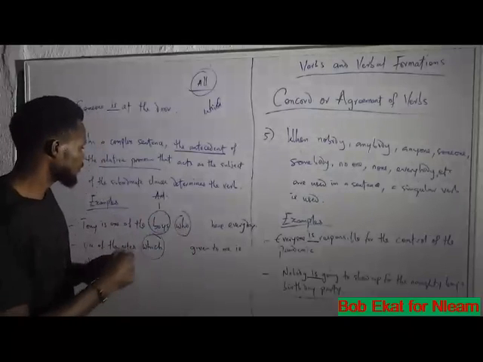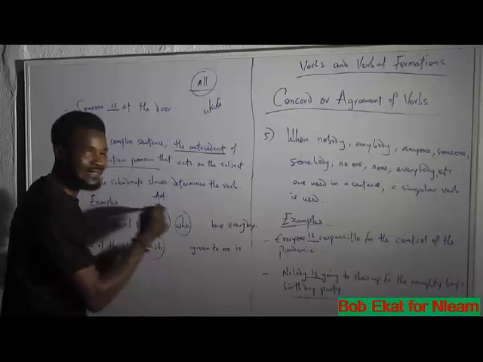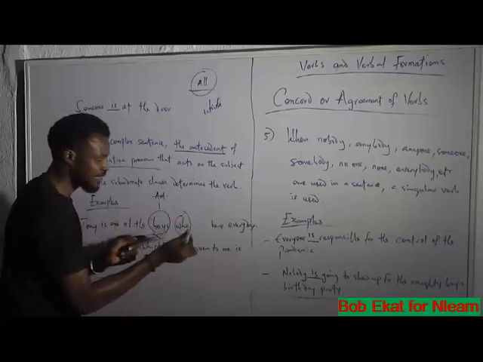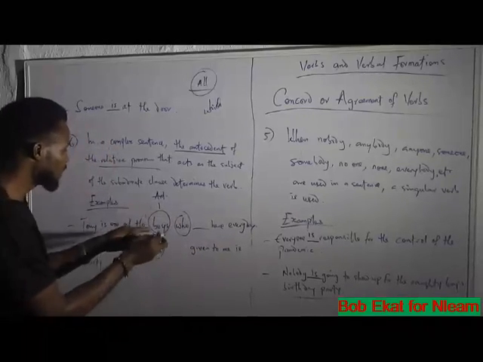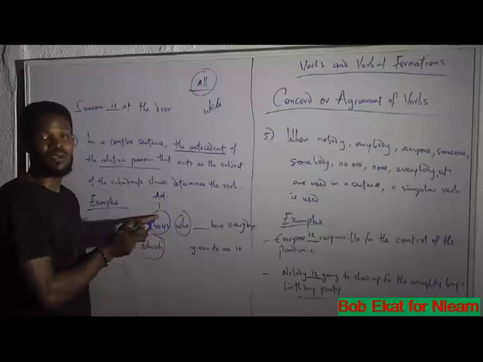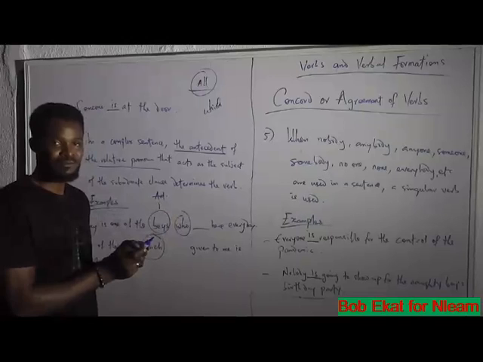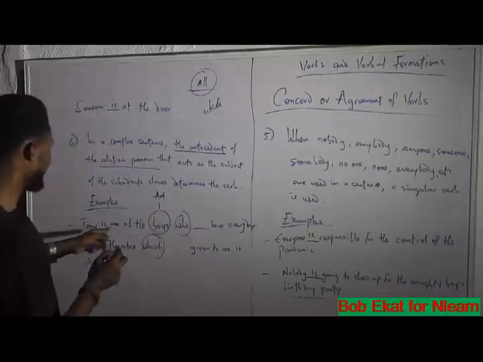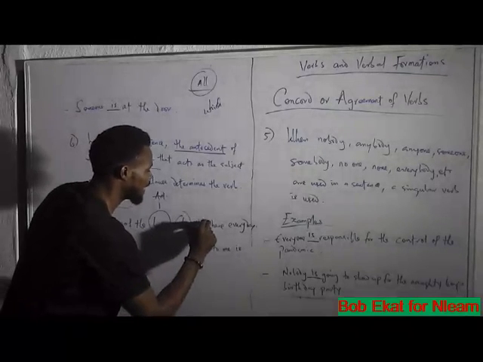So it is the antecedent which the relative pronoun refers to that determines the verb. That is what the rule here says. So if the antecedent here is boys, then boys will determine the verb. Tony is one of the boys who were will then be the answer.